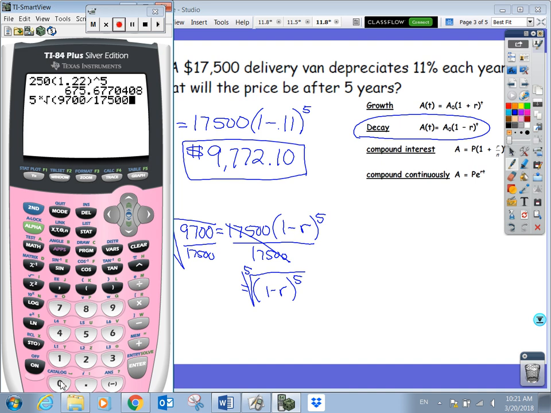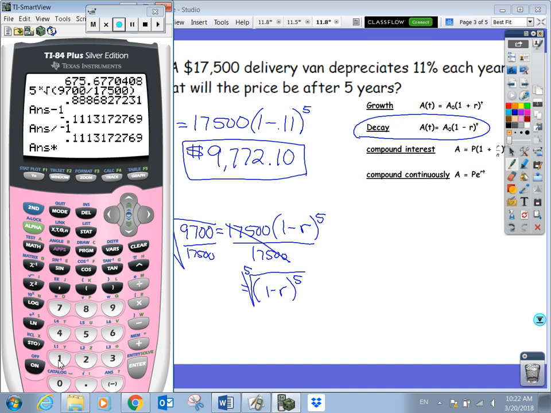And we get that number. Then we would subtract the 1, divide by -1, because we need to get what r equals. And then obviously move the decimal over or multiply it by 100, and you get your rate.